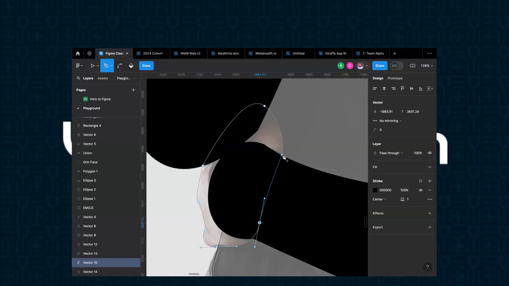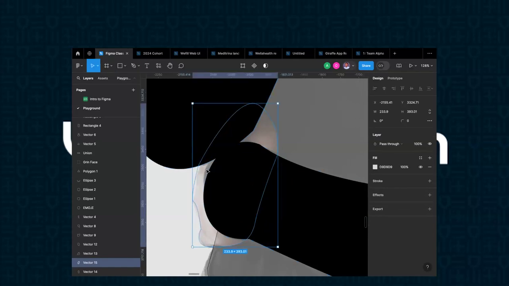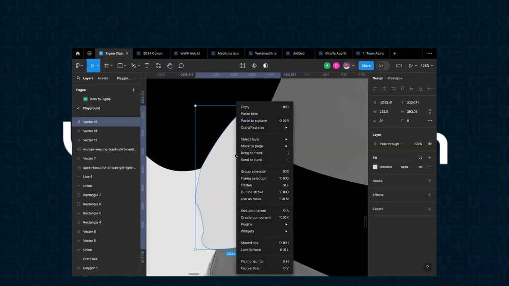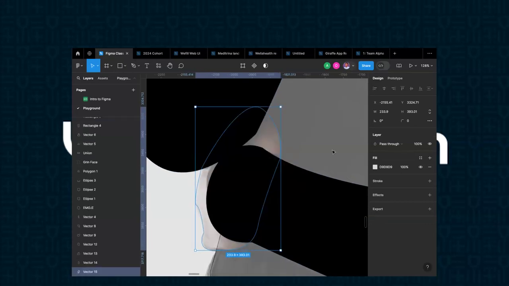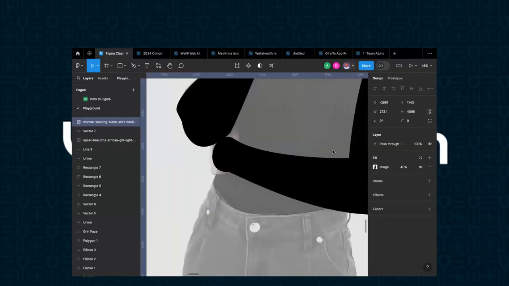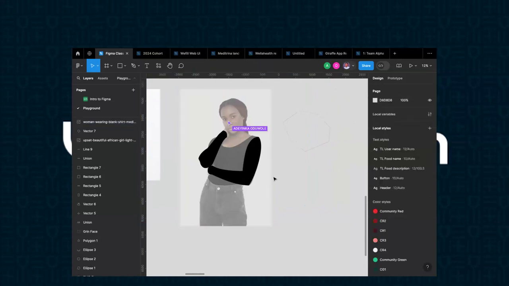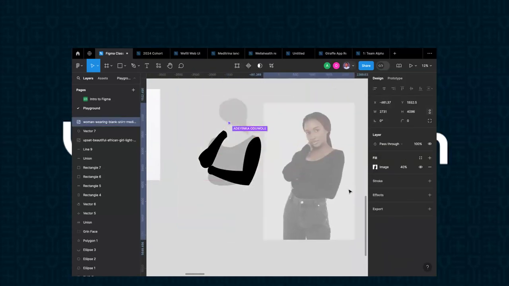Then I'm going to connect it here, fill it up, and maybe stroke, escape. Okay, I can see. I'll send it back. Great. So by the time I remove this, you see what I've created.